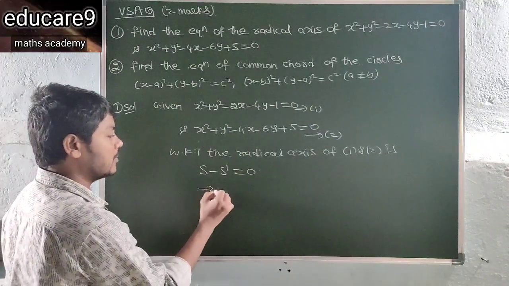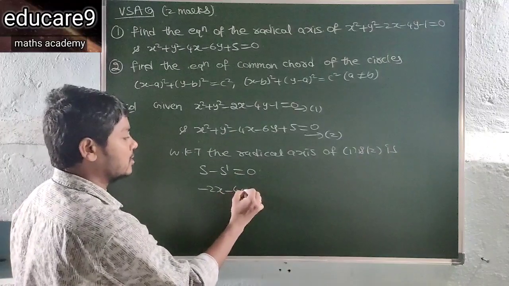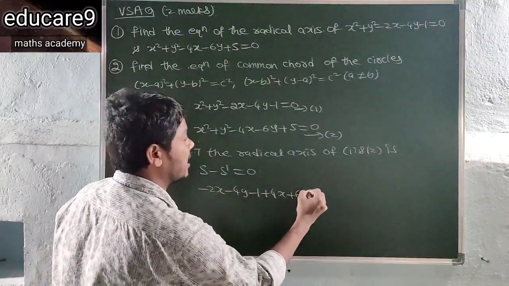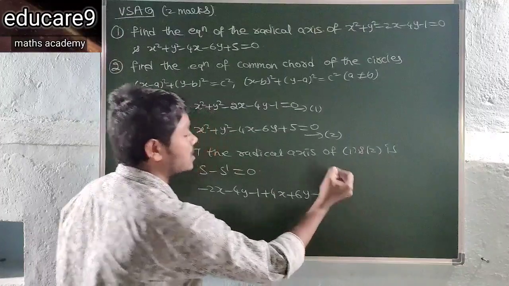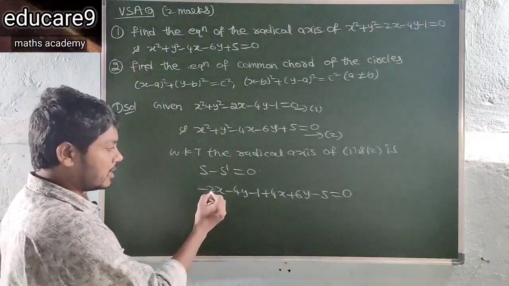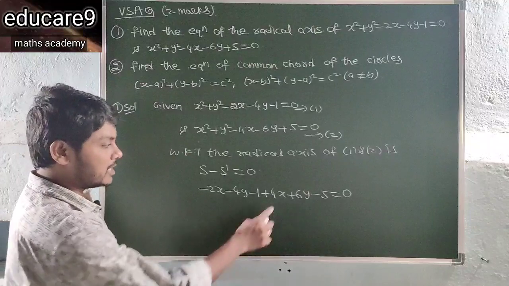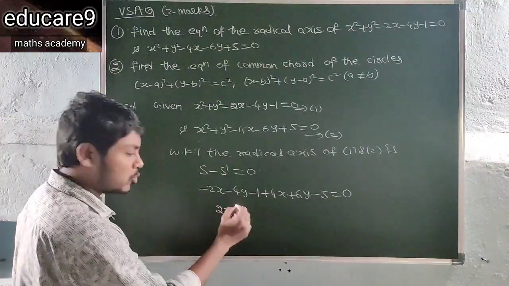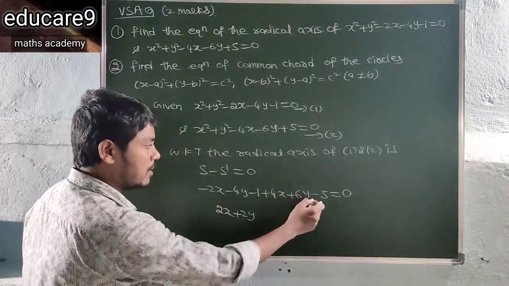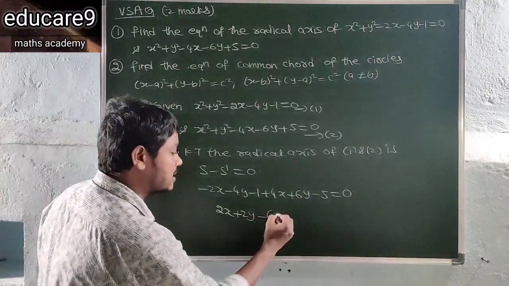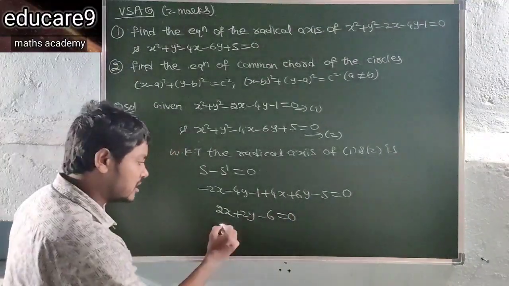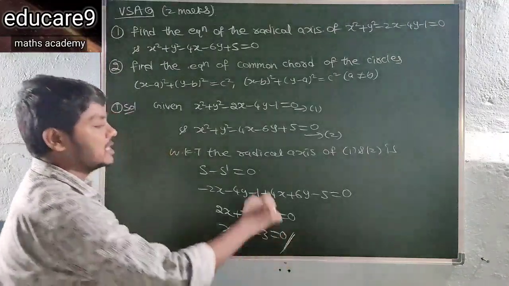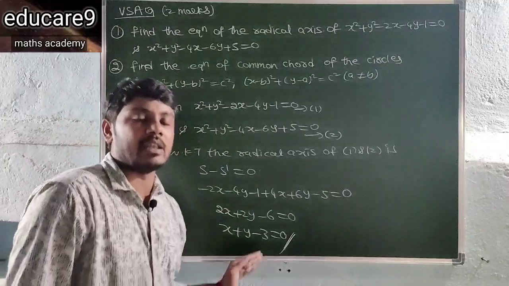That is, see here, minus 2x minus 4y minus 1 plus 4x plus 6y minus 5 equals 0. Now see here, this is 4x minus 2x, 2x, 6y minus 4y, plus 2y, minus 5 minus 1, minus 6 equals 0. So clearly, this is x plus y minus 3 equals 0. So this is the equation of the radical axis.